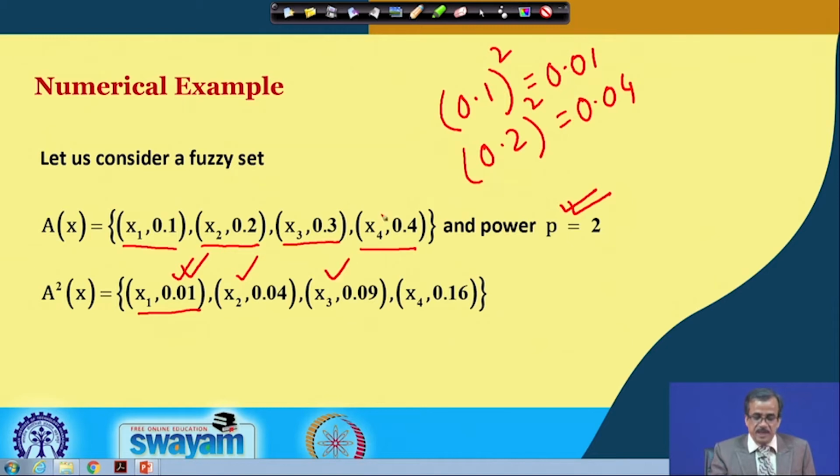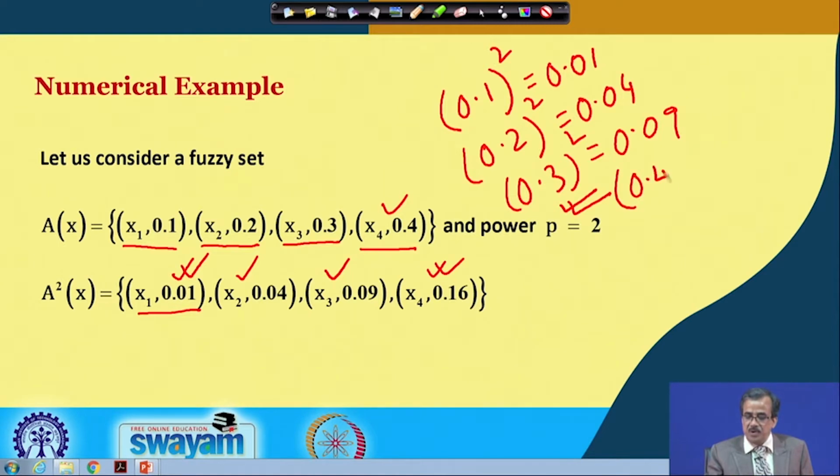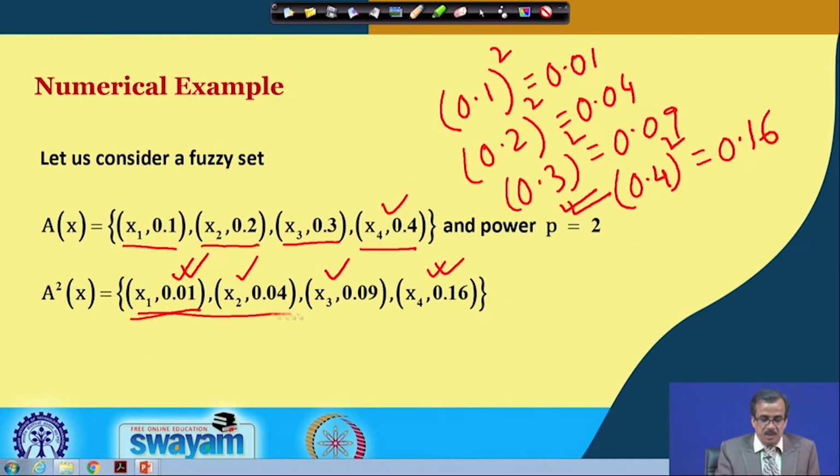Then corresponding to x3, it will be 0.3 squared, that is 0.09, and corresponding to x4 we have 0.4 raised to the power 2, and that is nothing but 0.16. So, this is the way we can find out the concentration of the fuzzy set.